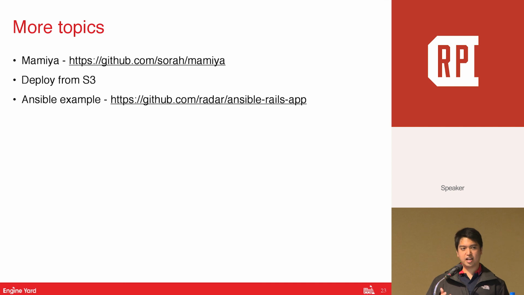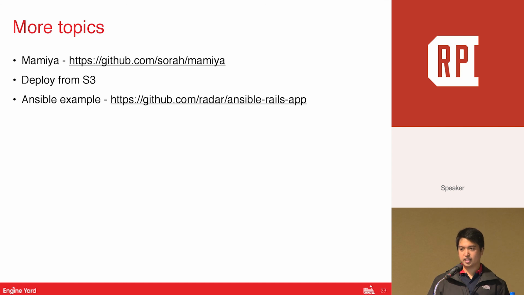If I have one or two servers, even 10 servers, then I don't think SSH is slow, which is what Capistrano is doing. But Mamiya is a new way of doing the deploys, though at the heart of it, it's just connecting to the servers, getting the code, and then restarting the app.